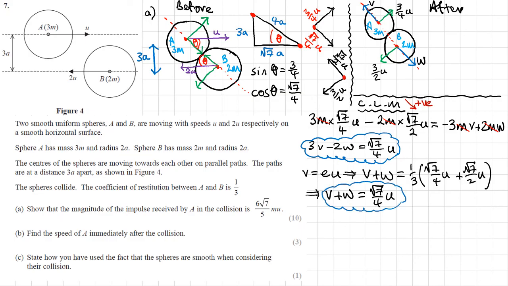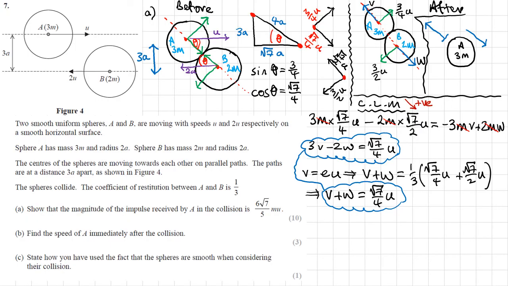Now what I want to do is to solve these two simultaneously to allow me to work out impulse. So the way I'll be able to do that is if this is particle A, like this, with a mass of 3m, and the impulse is going to be going in this direction here. So I'll need to know the velocities before and after the collision.